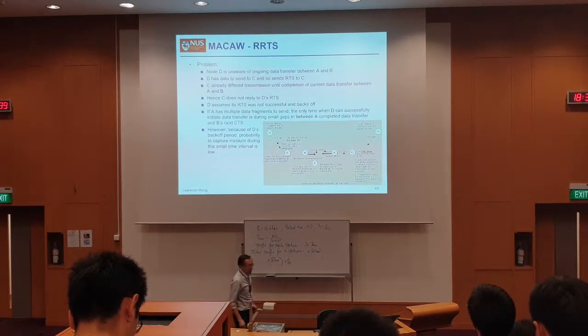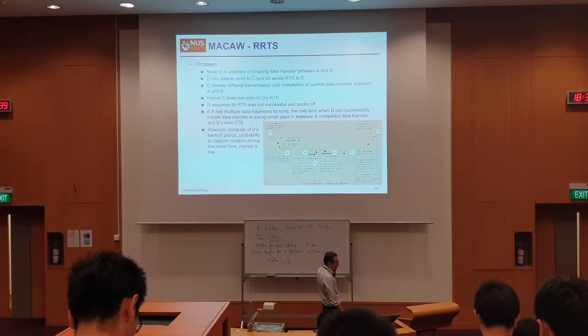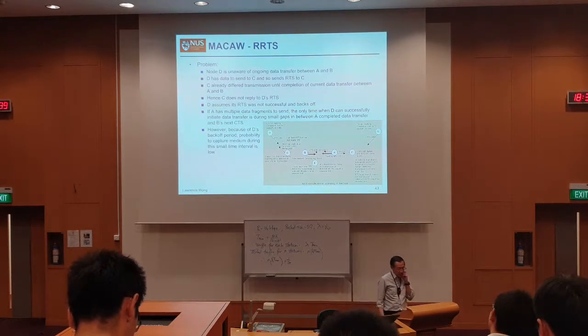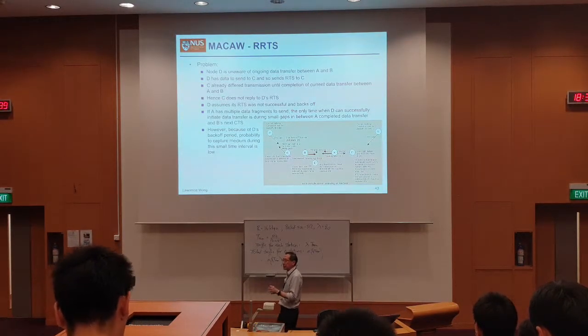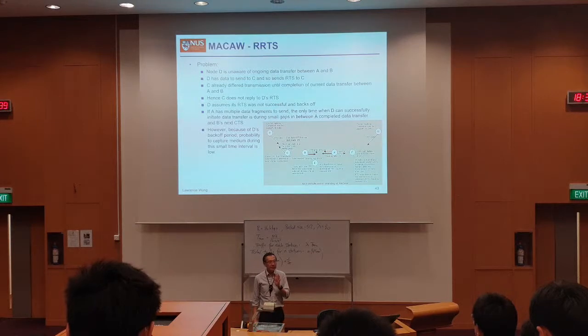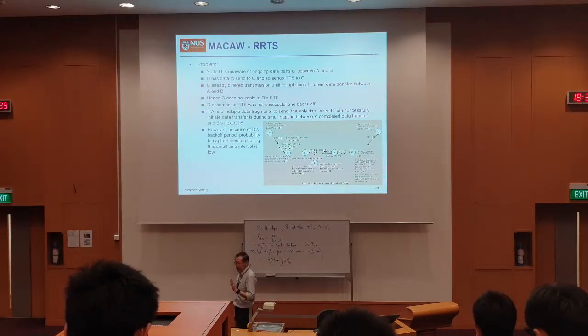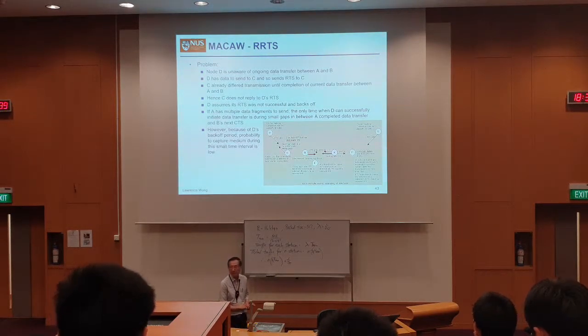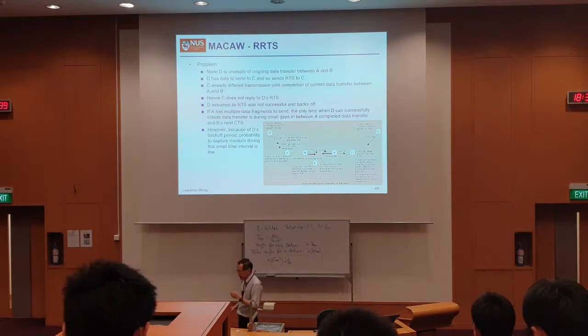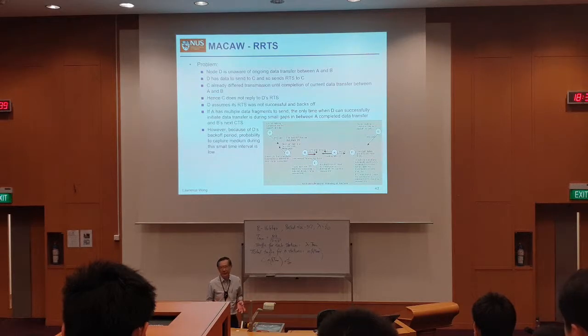So one way to overcome the exposed node problem is to find earlier opportunities for D to initiate the entire cycle of RTS-CTS. In the previous case, D sent an RTS to C, but C kept quiet. So D has to try again later.